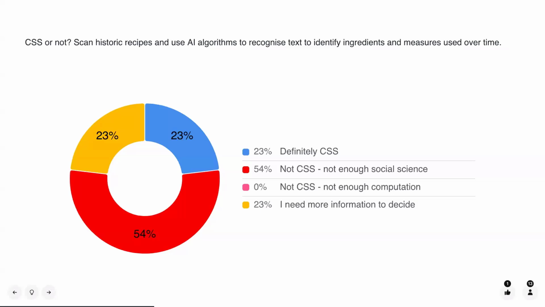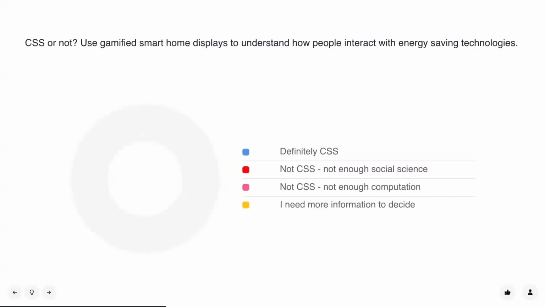This is just really to get us thinking about these ideas. So for those that have said they need more information, you're also bang on, because we don't actually know enough about the question, right? Maybe there's a social science question in there. But yeah, let's head on to the next example.